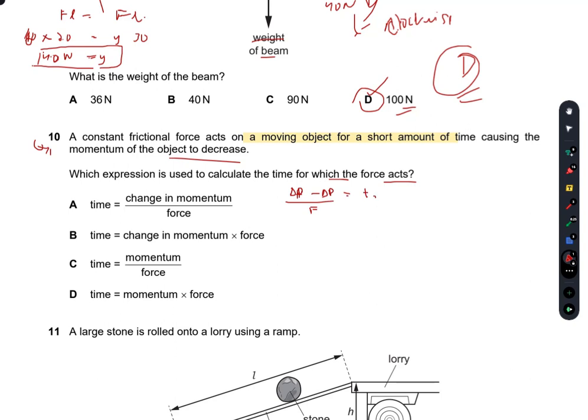Is this true? If you look at this clearly, you can see that I am right. This is the right option because the time would be equal to the change in momentum. Friction is acting on the body, the momentum is decreasing, so the change in momentum, if I divide it by the force, I will get the time for which the force acts. So A is the right option.